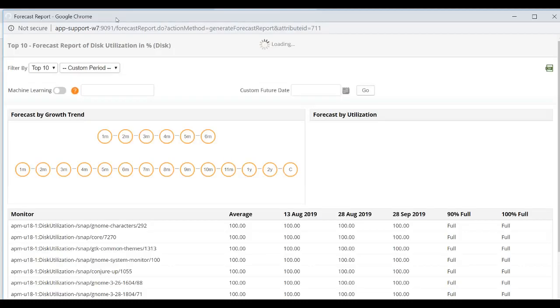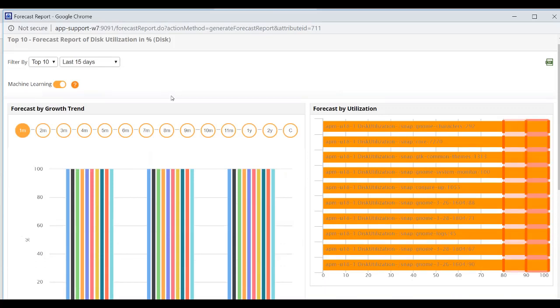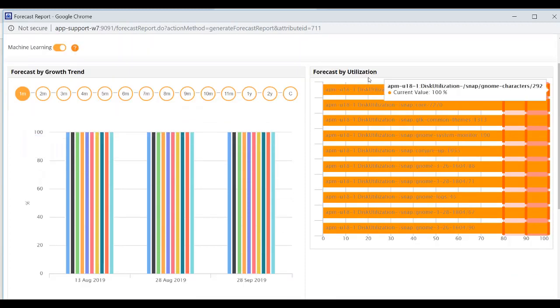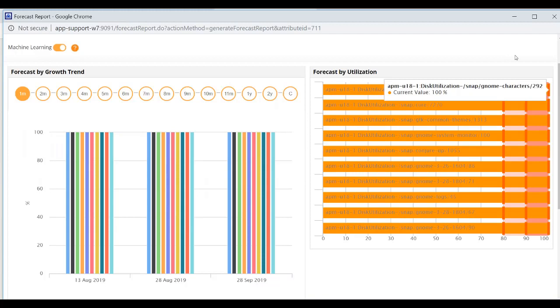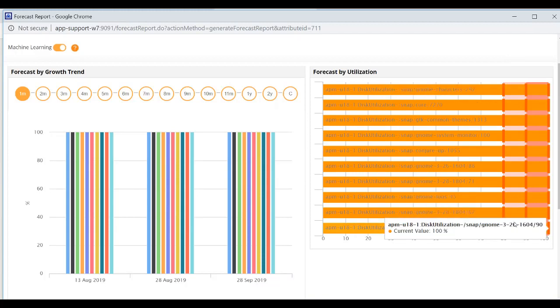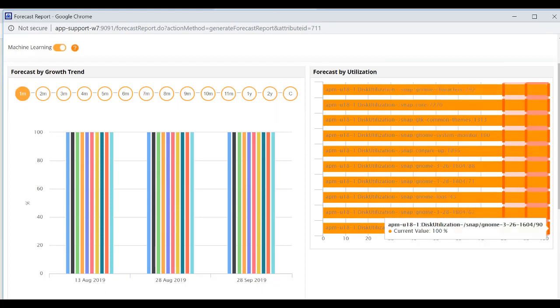So right here, you can see for the disk utilization, this is the growth trend, this is the forecast by utilization trend, and this is where it is important for database administrators to focus. These are the problematic zones which tell you that the utilization forecast for 1 month is already exceeding the optimal capacity.